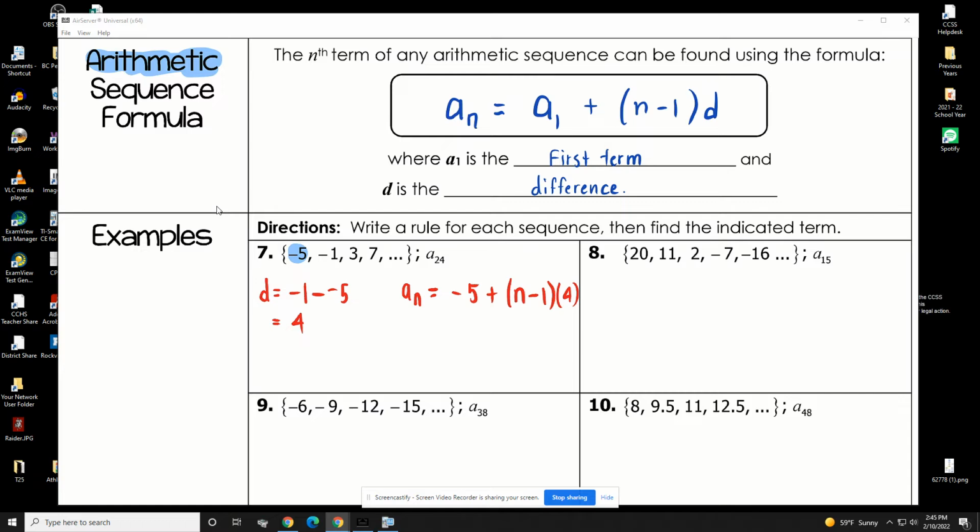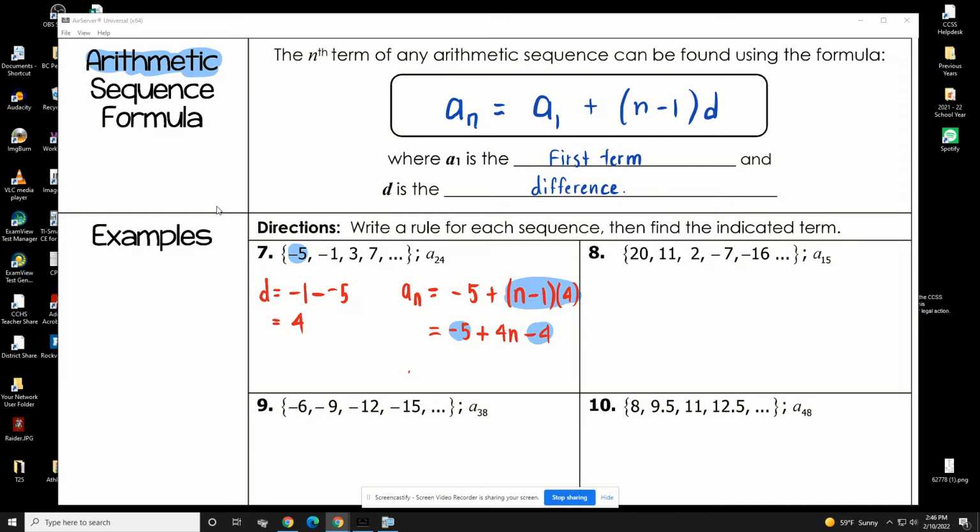Now you know as well as I do, multiplication comes first, so we're going to distribute here. Just leave this negative 5 alone for the time being, and let's distribute. Remember, we have this plus here. What is 4 times n? 4n. And what's 4 times negative 1? Negative 4. Now, as you notice, you have 2 constants here, negative 5 and minus 4.